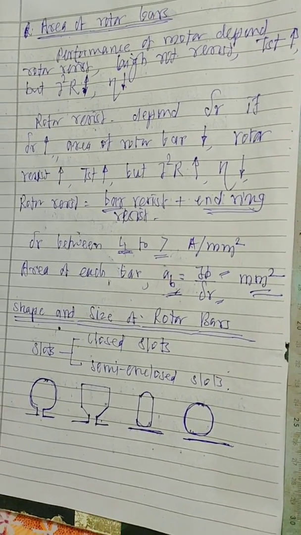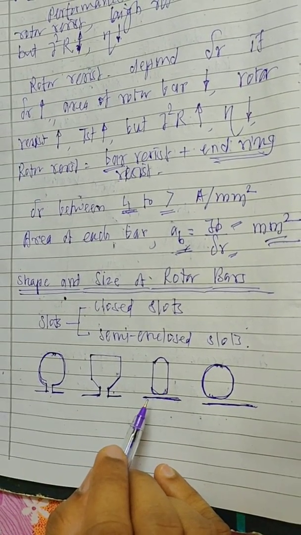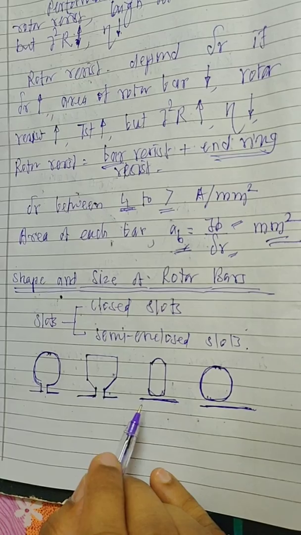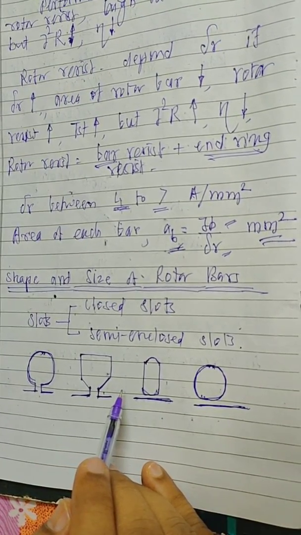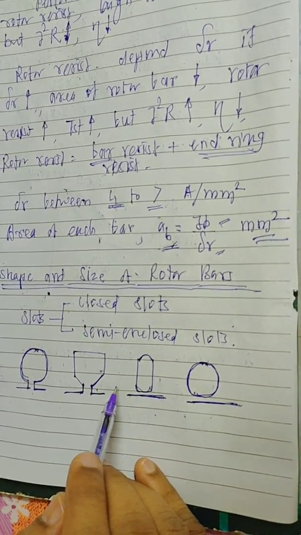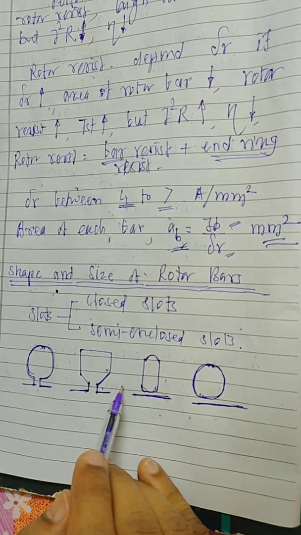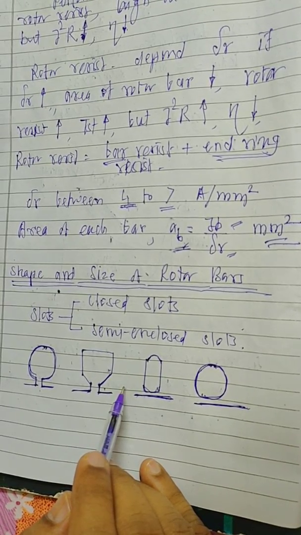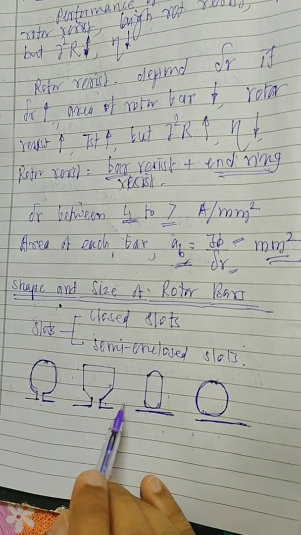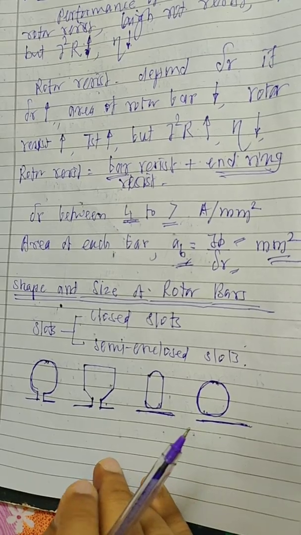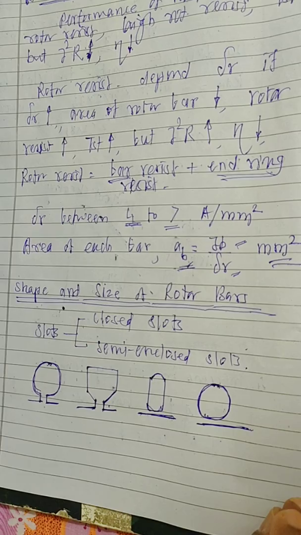Generally, closed type slots are used for small rating machines because reluctance of the air gap is small because of absence of slot opening. So therefore magnetizing current required is small, and as the surface of the rotor is smooth, the operation of the machine is quieter, less noise is produced.